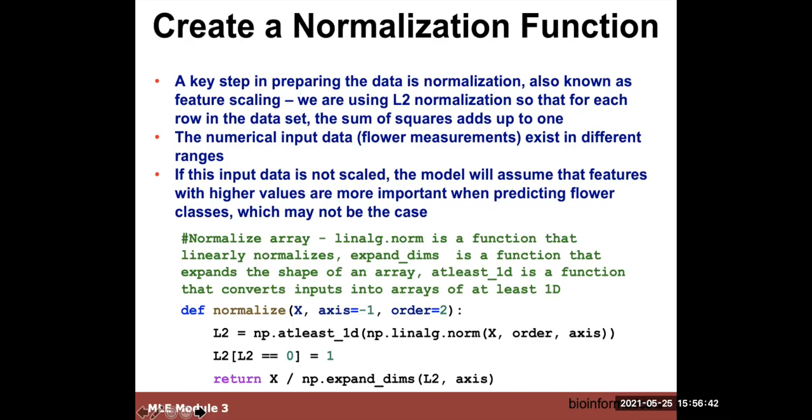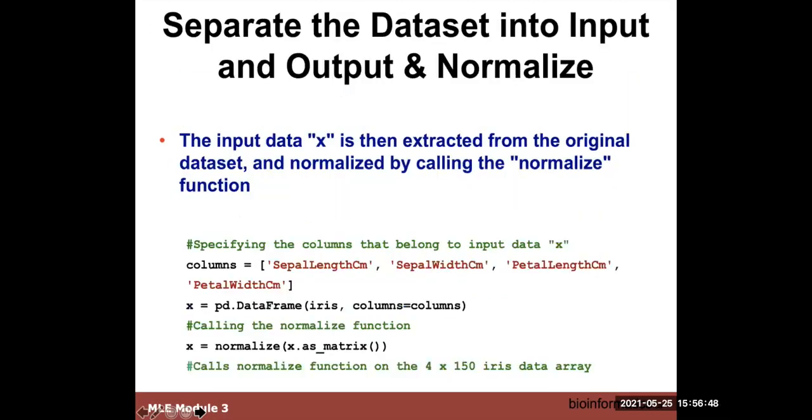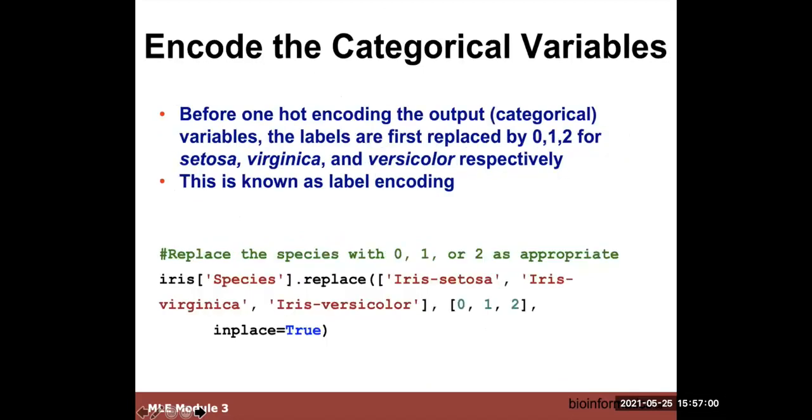And so we can see L2 is the L2 norm, and we're calling this function normalize. We're then going to take the data out from our data set and then perform that normalize on the data sets of the 4 by 150 iris values.